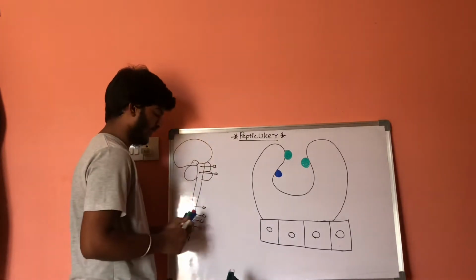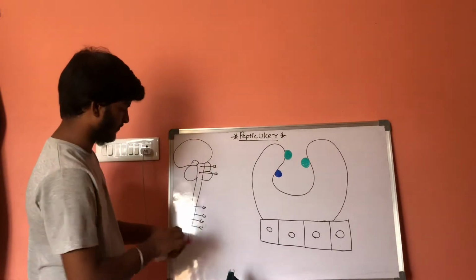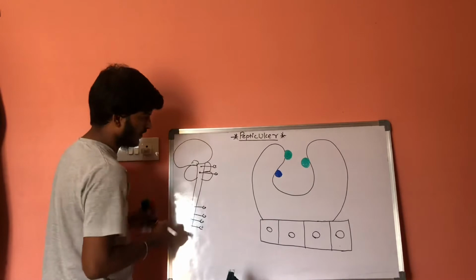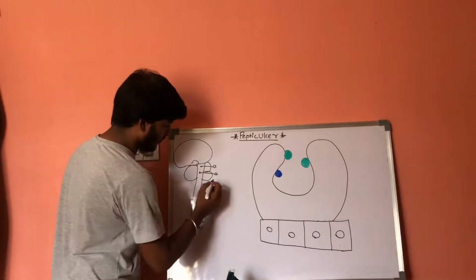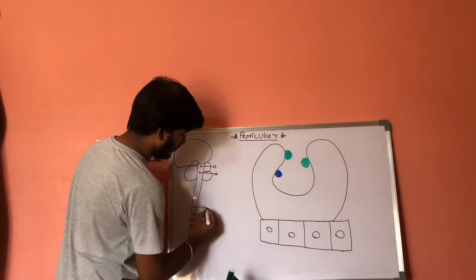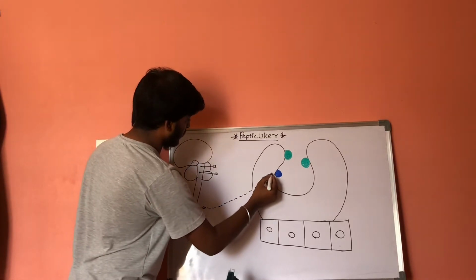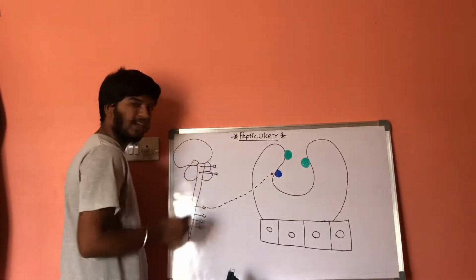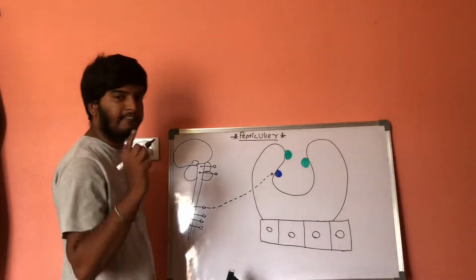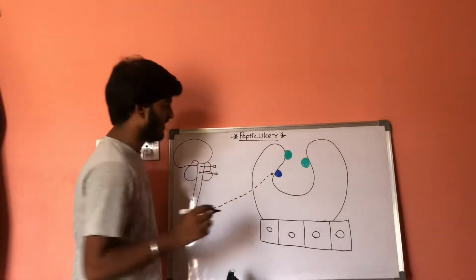Now this is the outflow, only the parasympathetic outflow. This parasympathetic outflow will bring a neurotransmitter, that is acetylcholine.